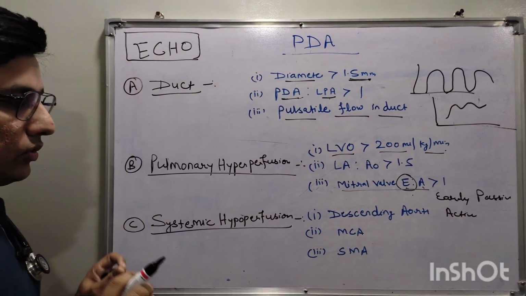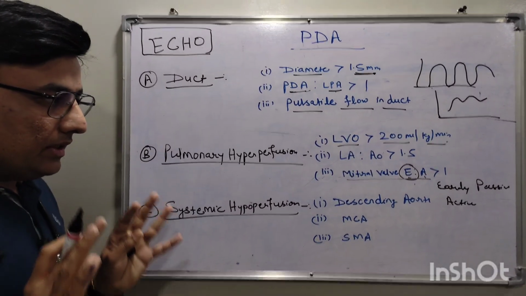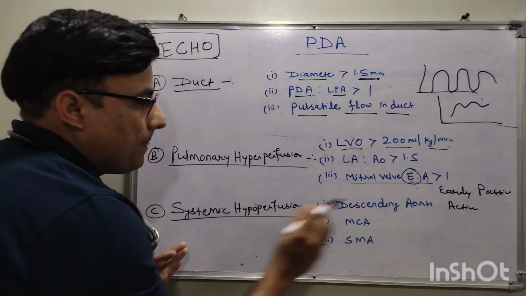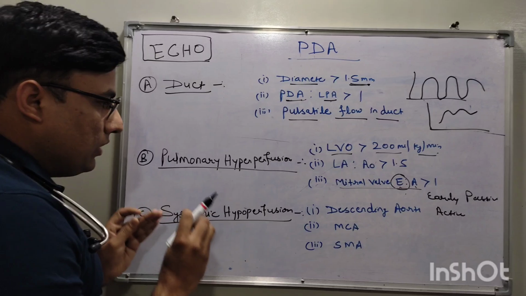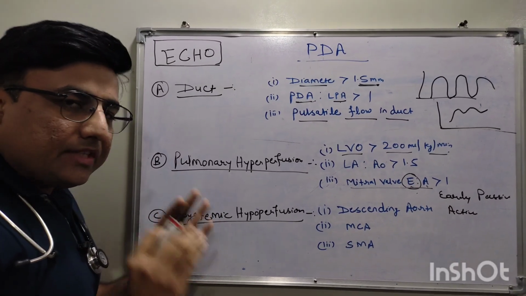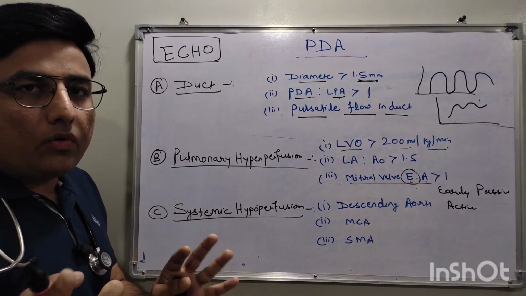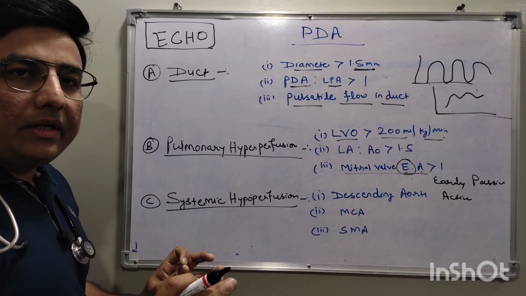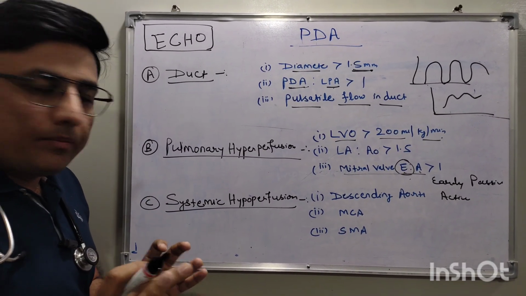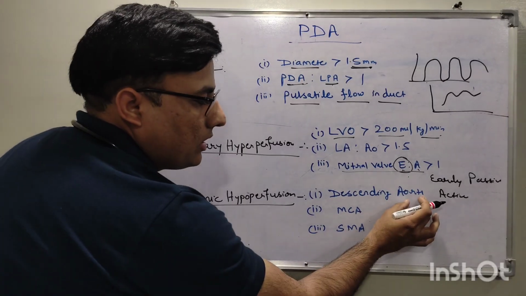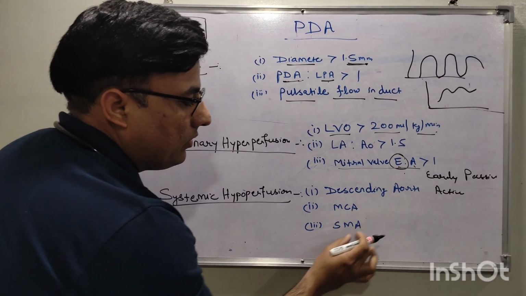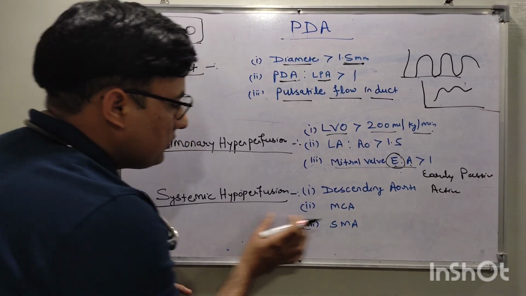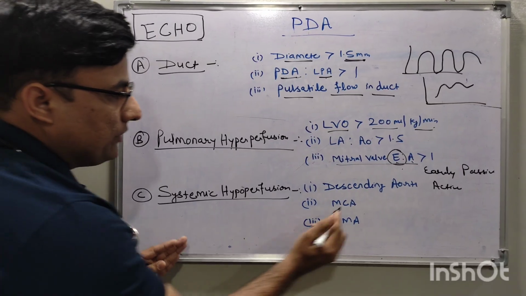Next is features of systemic hypoperfusion in PDA. There will be absent or retrograde diastolic flow in the descending aorta, middle cerebral artery or superior mesenteric artery. So these are the features of systemic hypoperfusion.